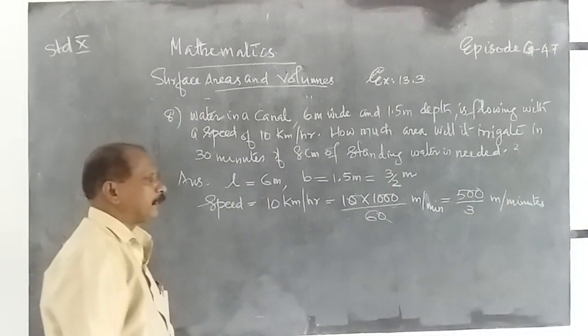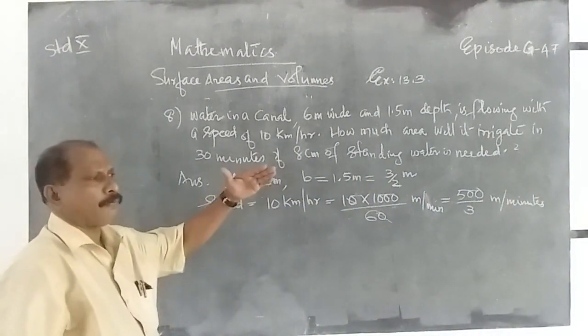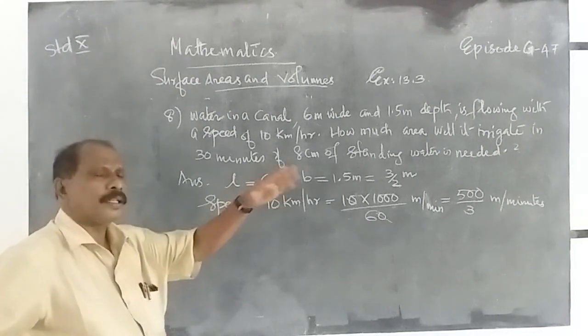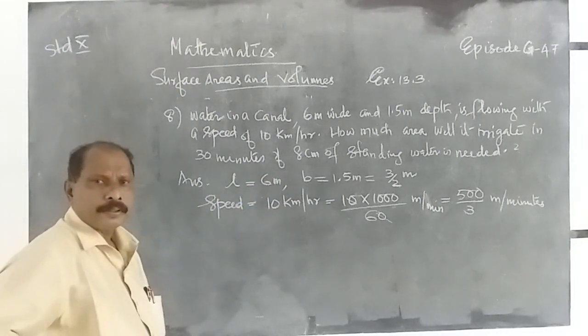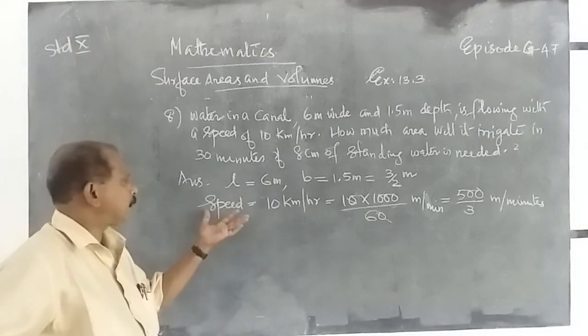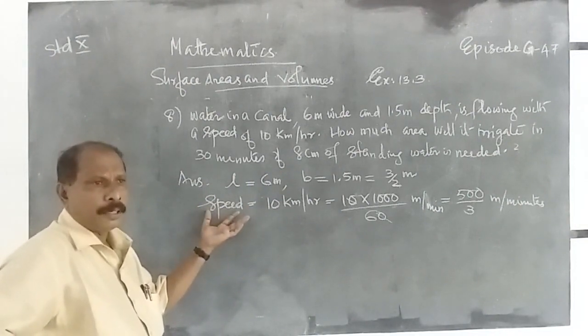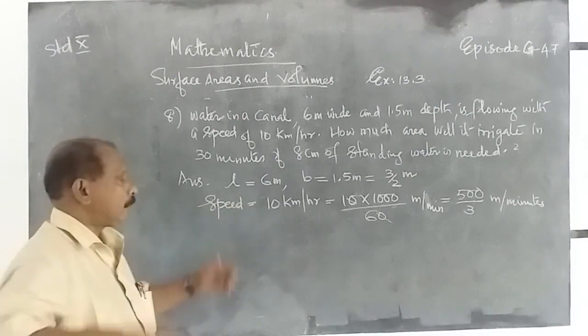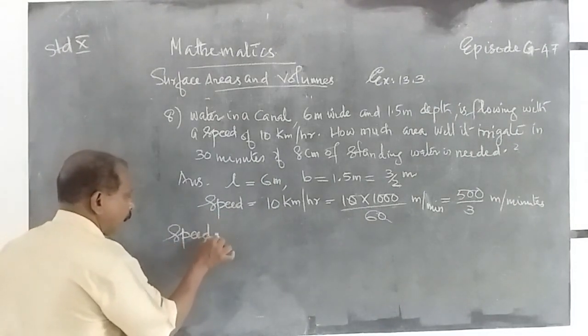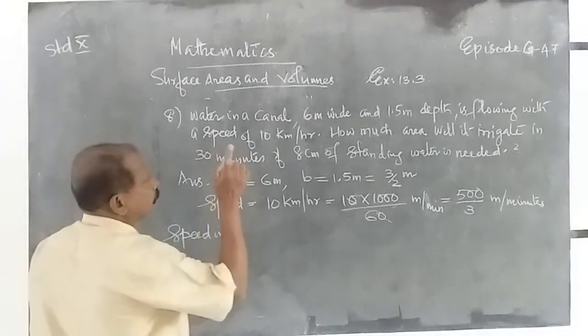Speed is distance by time, therefore we can convert into minutes. That is the length, the distance traveled by that water. Therefore speed, in how many minutes? 30 minutes.